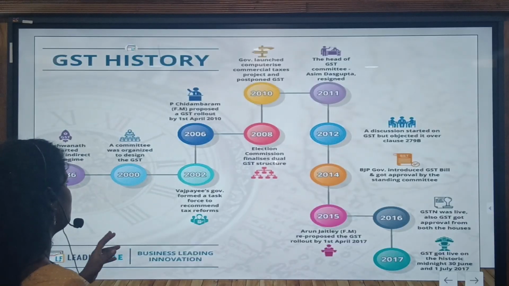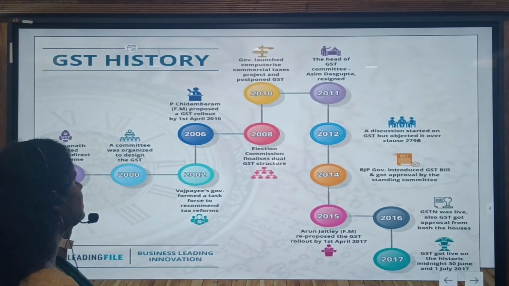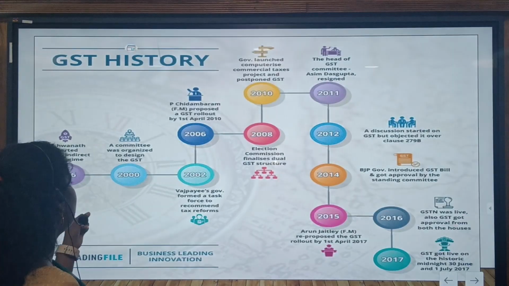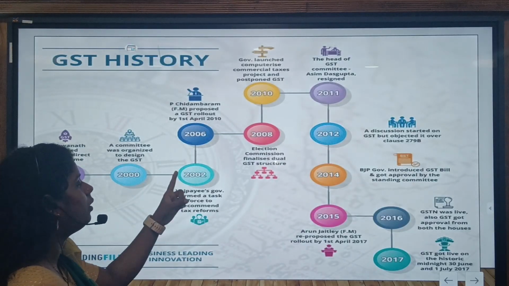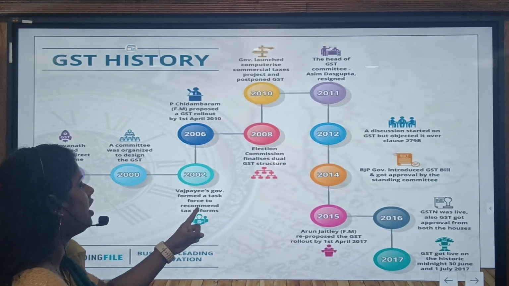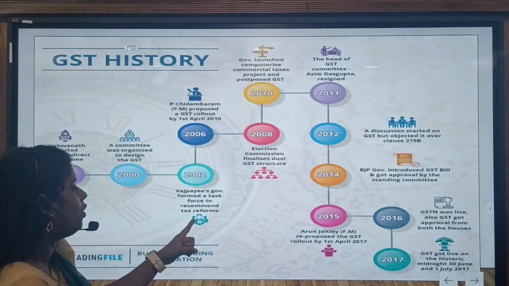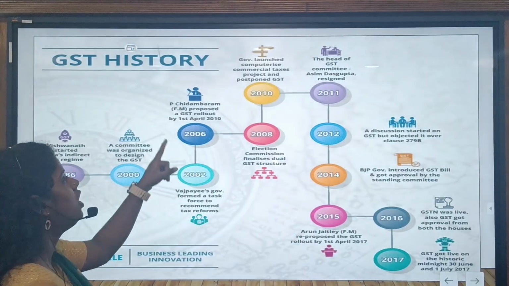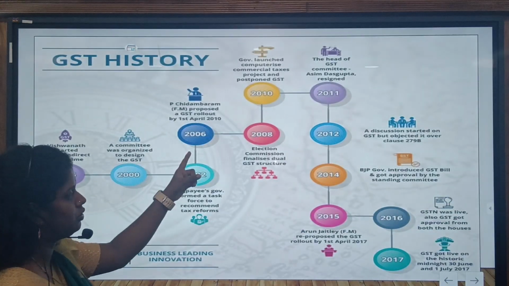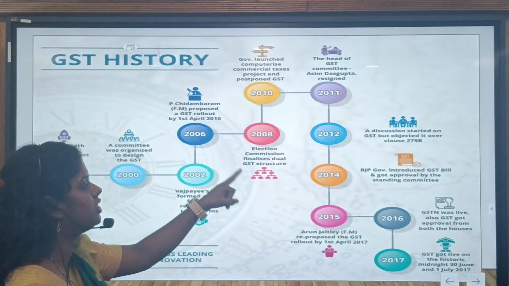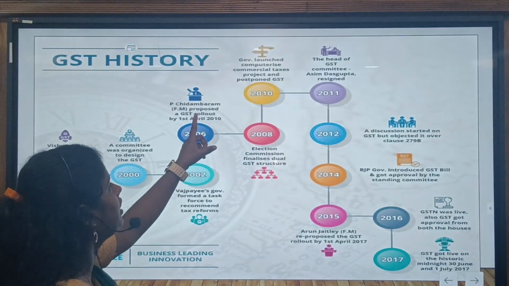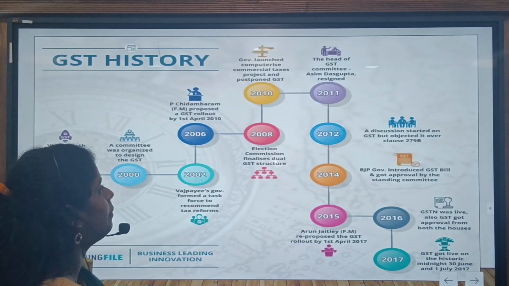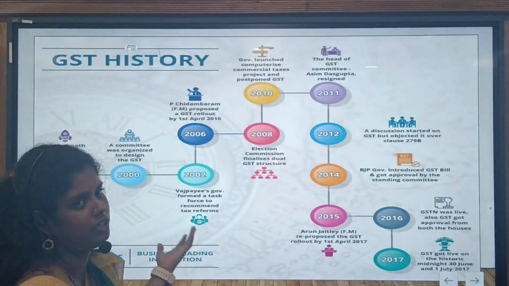So this will be the history. Vishwanath Pratap Singh started India's indirect tax regime in 1986. Moving forward to 2000, the Vajpayee government formed a task force which recommended tax reforms. In 2006 and 2008, the Empowered Committee finalized the GST structure, and in 2010 the government launched the computerized commercial taxes project and postponed the GST.